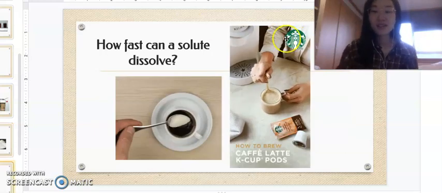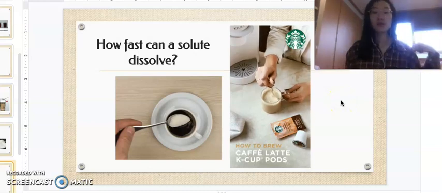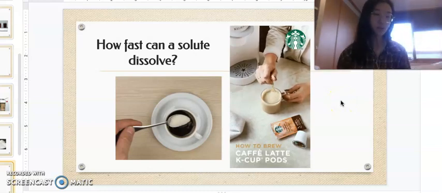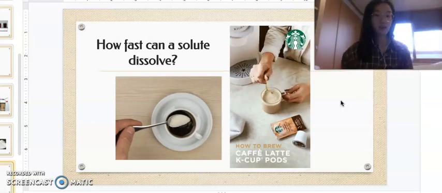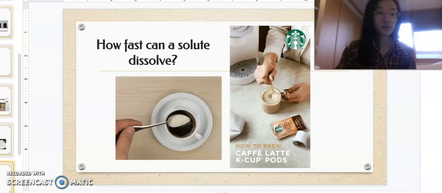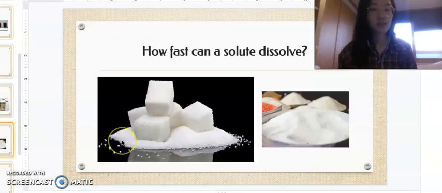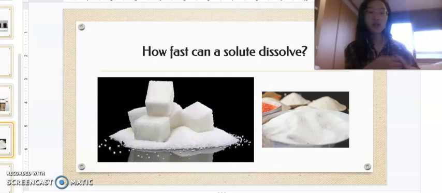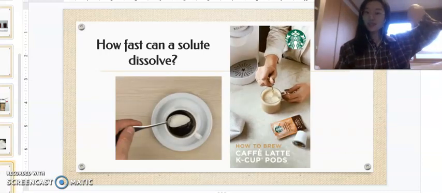I know it says Starbucks here, but that's not me. But you can just stir it. For example, if your mom and dad put sugar in their coffee, they stir it because that way it will dissolve faster. So how can we make it dissolve faster? We can increase the surface area by crushing, crumbling, or cutting it, or we can just stir it like a barista.